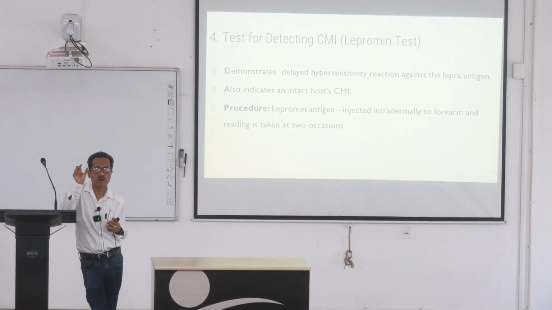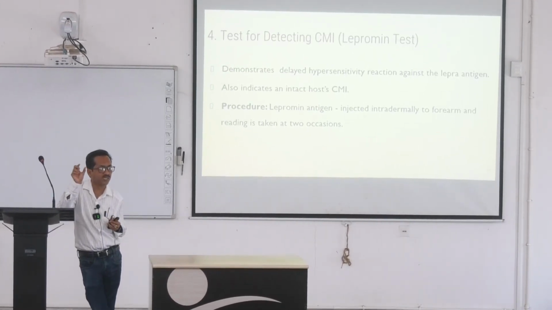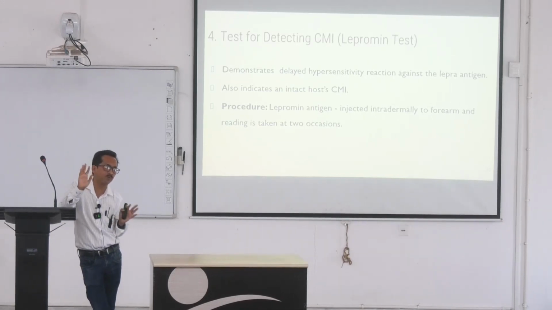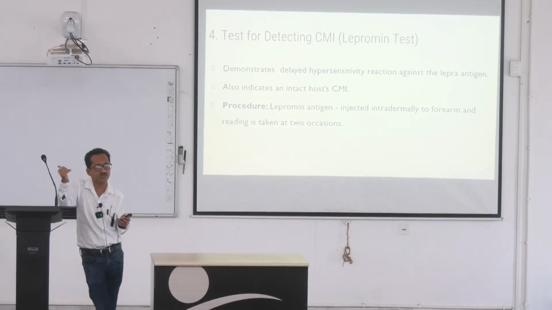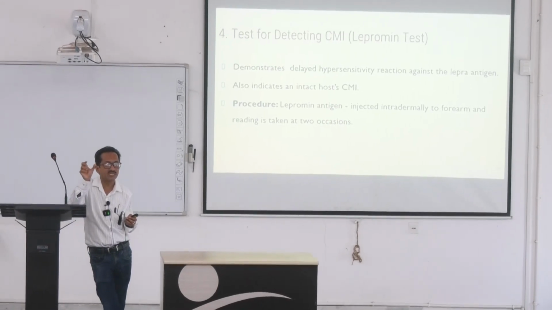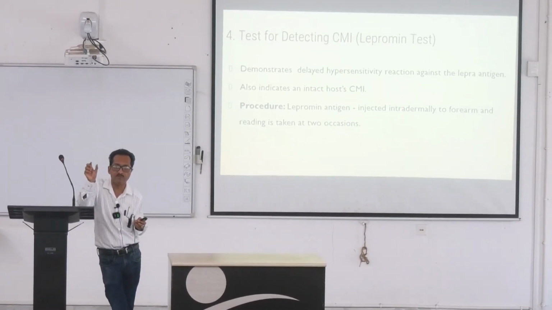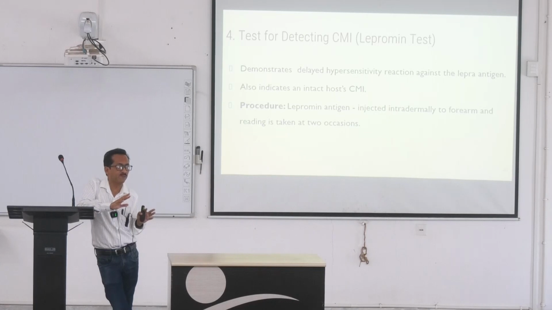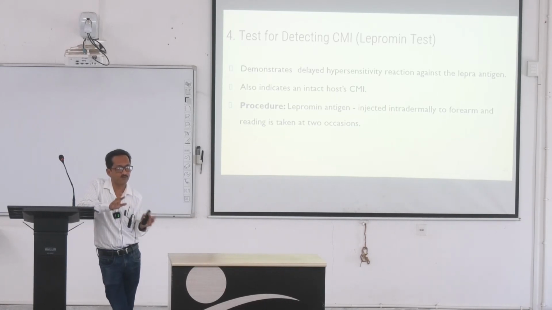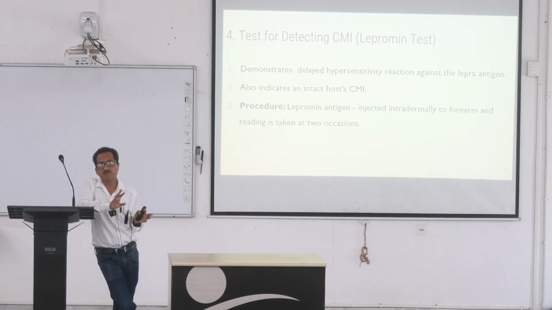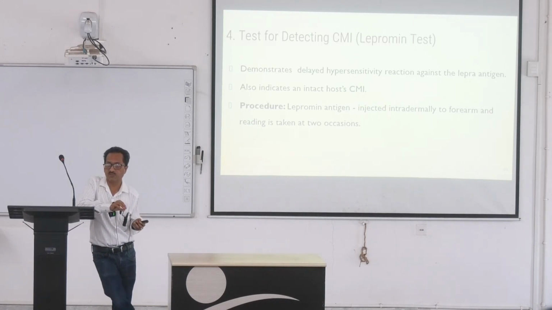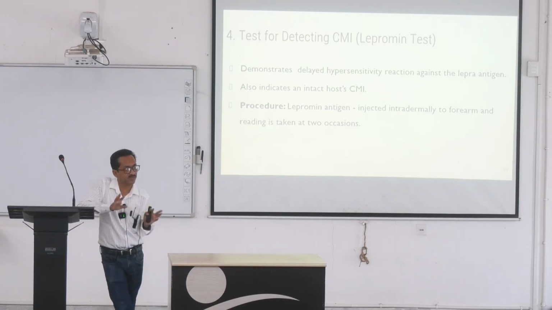You have to look for induration, a developmental swelling after 5 tuberculin units of purified protein derivative. What is the size of the induration above which you call it positive? It is 10 millimeter. You measure after 48 to 72 hours, and the induration should be more than 10 millimeter in tuberculosis.